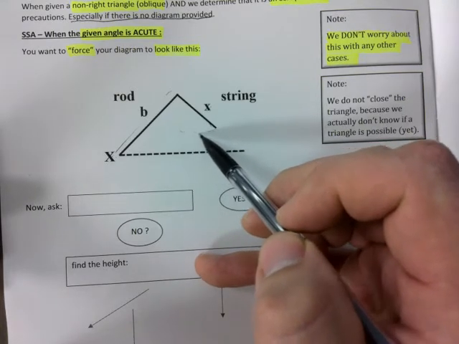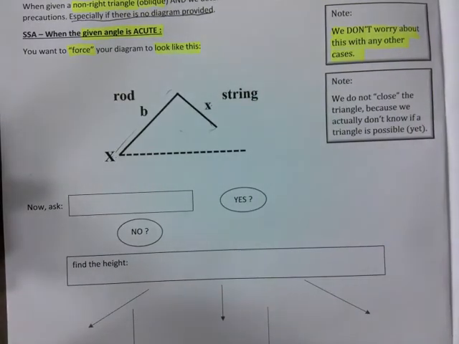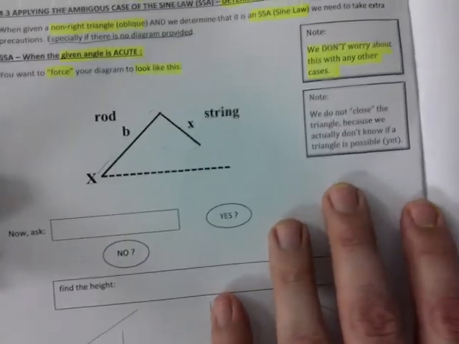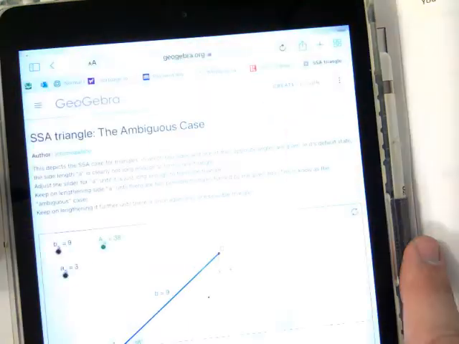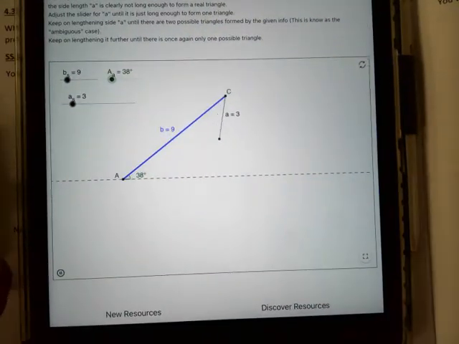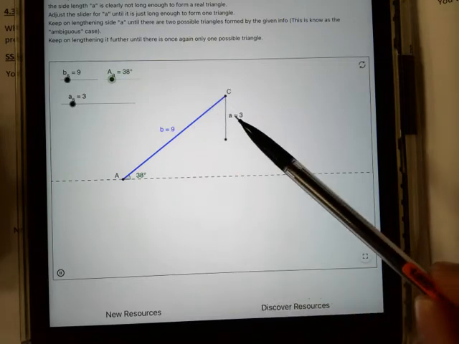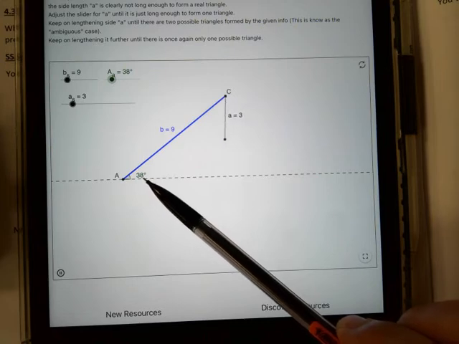We don't know at first if you're going to be able to make a triangle with the information you're given. Here's a visual on my iPad. Watch closely. You're given this side and that side and a particular angle.